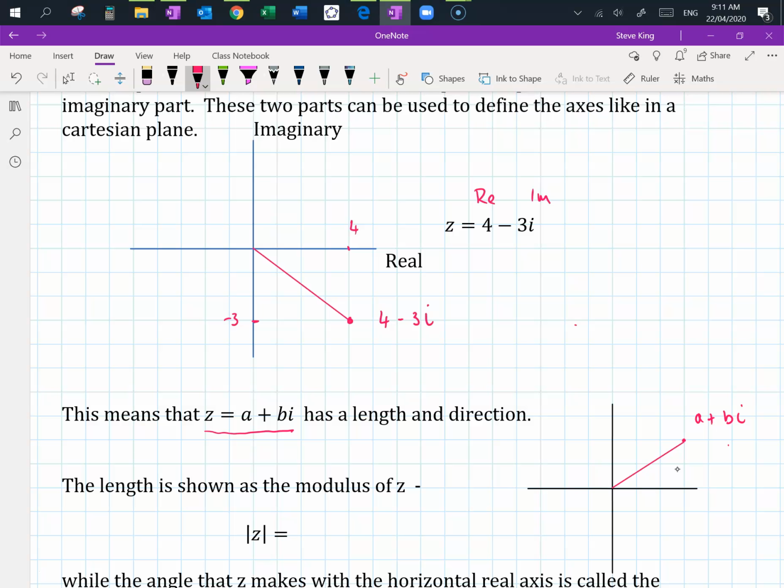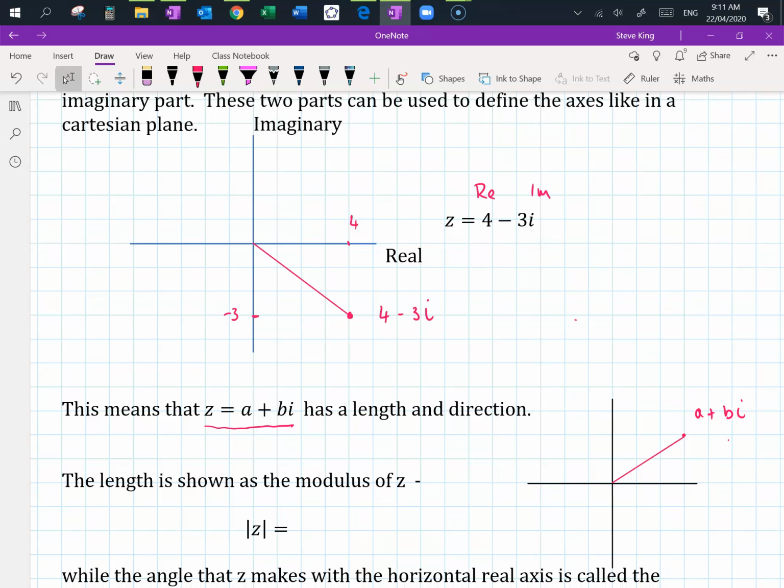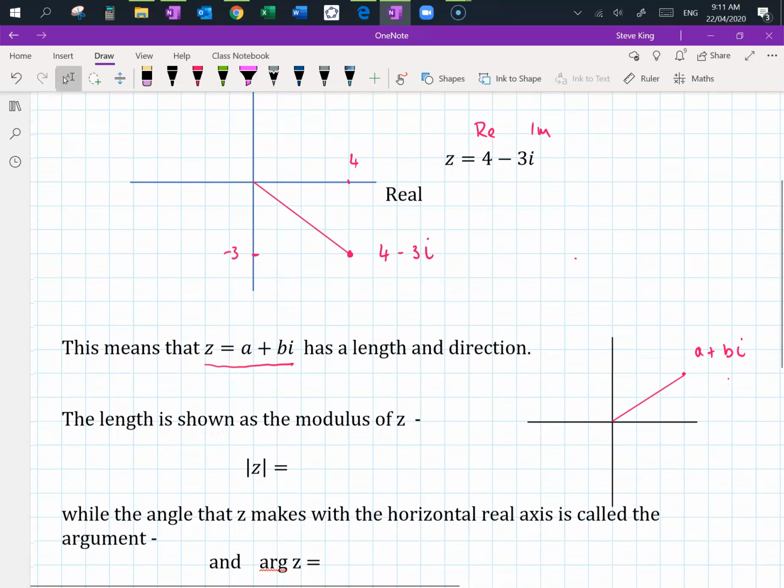Because we're using this sort of approach, we need to give these things names or titles. And so the length of this line, the distance away from the origin, we're going to refer to as the modulus of z. And that modulus of z is going to be made up of two components. And if we realize that we're working with a set of points on a right-angled plane, over here we have a little right-angled triangle.